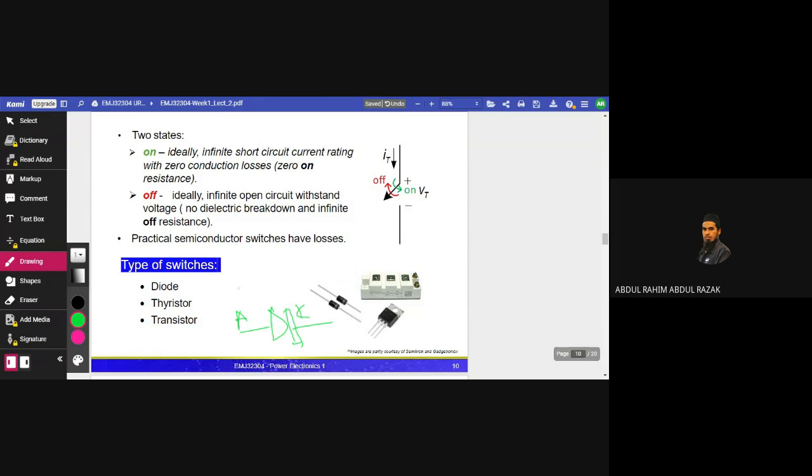So the current flows from anode to cathode.